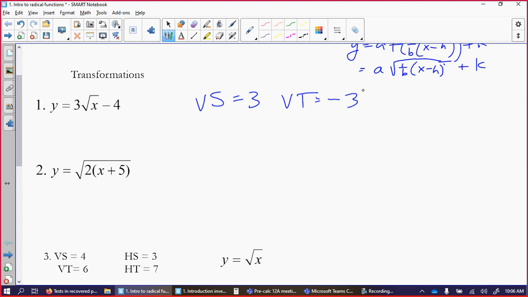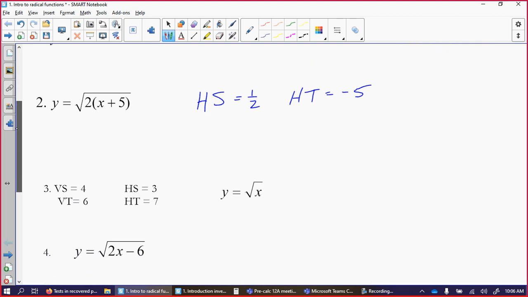Well, I've got a 2, that's a b. This one has a horizontal stretch of a half. We have an h, so this has a horizontal translation with the opposite sign of minus 5. So the graph of this is going to be shrunk down and moved to the left.